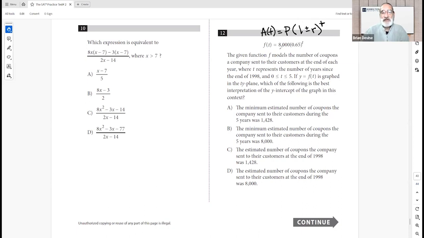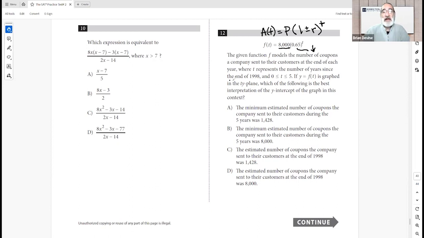Now, given that, we can see a couple of things, that at time 0, we would have had 8,000. And we can also see that our decrease of 35%, or 1 minus 0.35. And so it is decreasing by 35%.